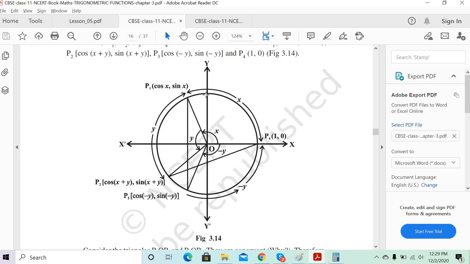So the angle y is equal to angle minus y in magnitude, because when it moved from P1 to P2, the angle covered is y. Similarly that angle is covered in the clockwise direction from P4 to P3.